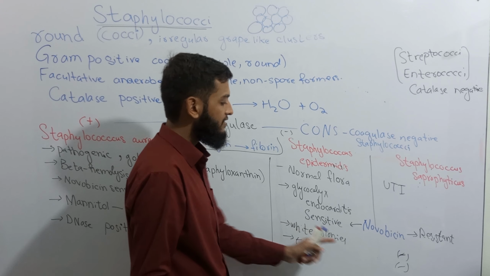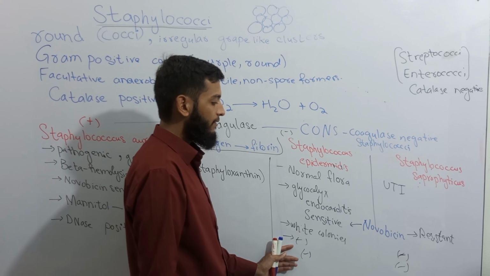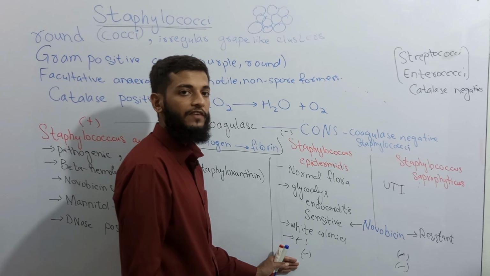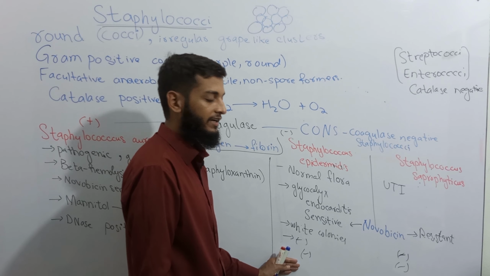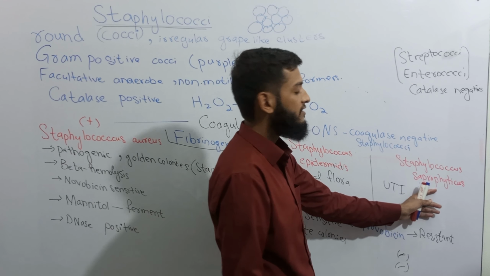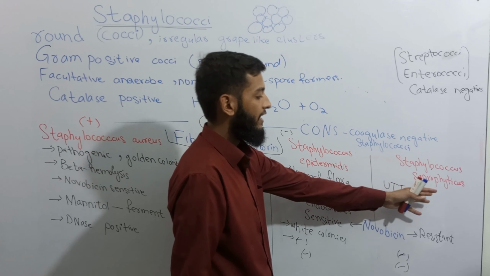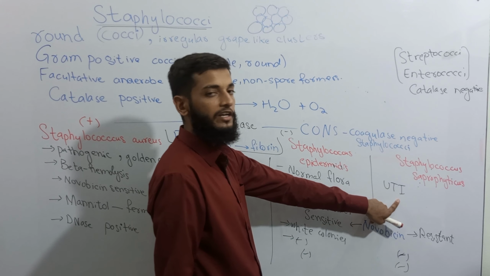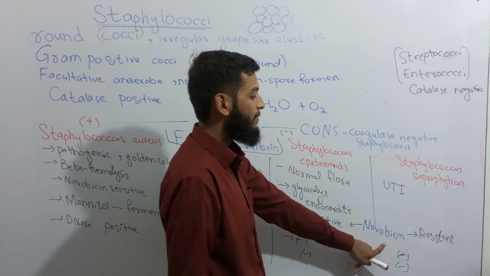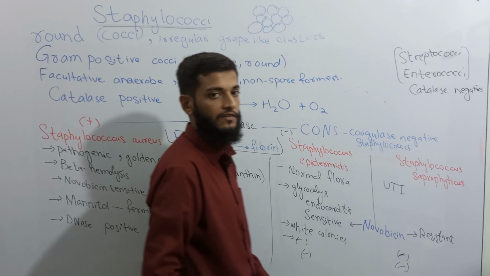They are novobiocin sensitive and produce white color colonies. They are DNase negative and non-mannitol fermenters, meaning they cannot ferment mannitol. Staph saprophyticus is gram-positive cocci, catalase positive, coagulase negative, and causes urinary tract infections. They are novobiocin resistant, cannot ferment mannitol, and are DNase negative.